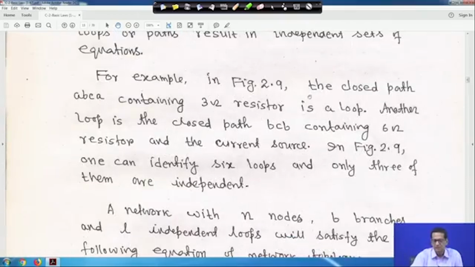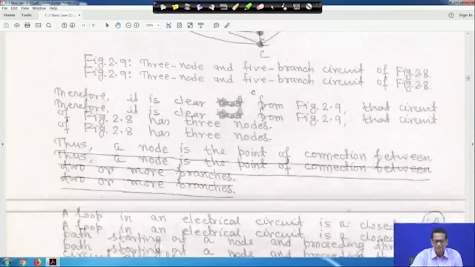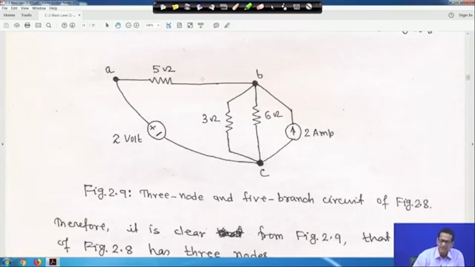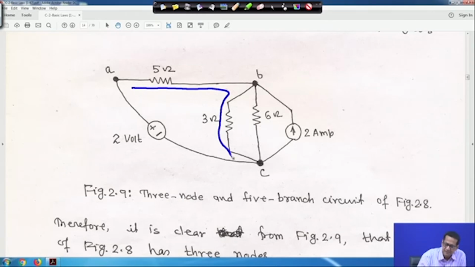As I told you, a closed path containing the 3 ohm resistor is a loop, A B C A. Similarly, you can get another loop. Suppose if you move like this and come back here, I am moving like this and coming back like this.